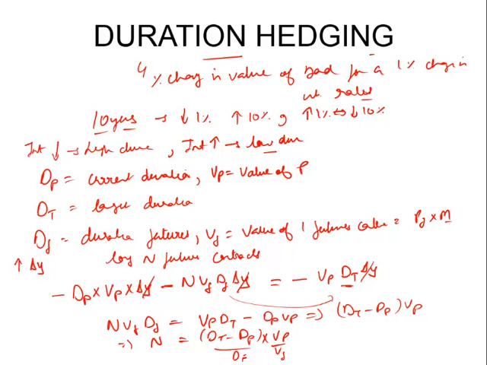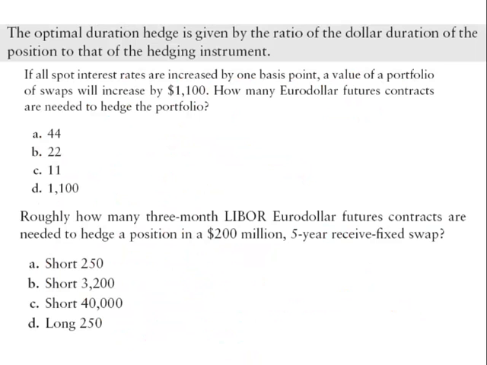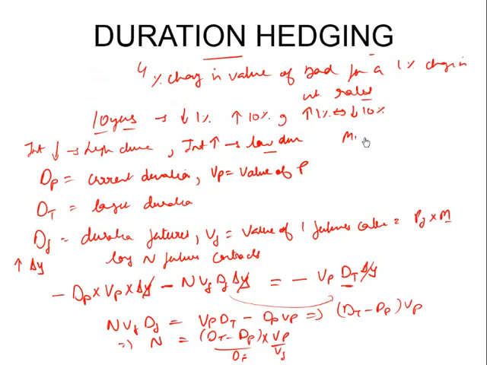Once again, a minimum variance hedge would imply what? It would simply mean that the target duration is equal to 0. That is, even if interest rates change, the value of my portfolio should not change.